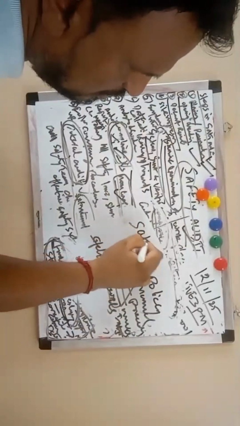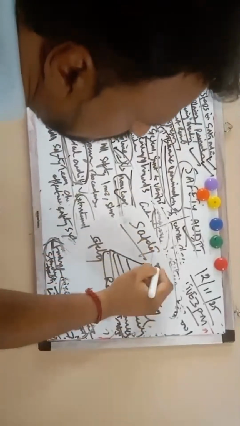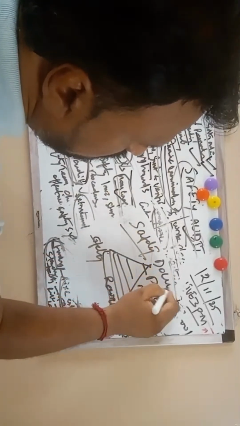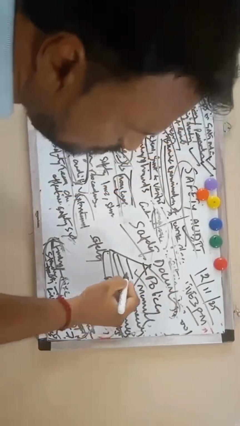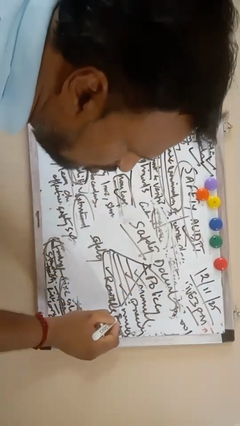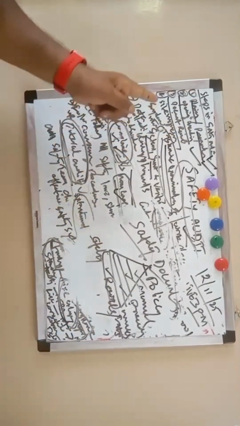So they will review policy, manual, procedures, work instructions, then records and safety documents, and they will verify them. So these are the document verification reviews.